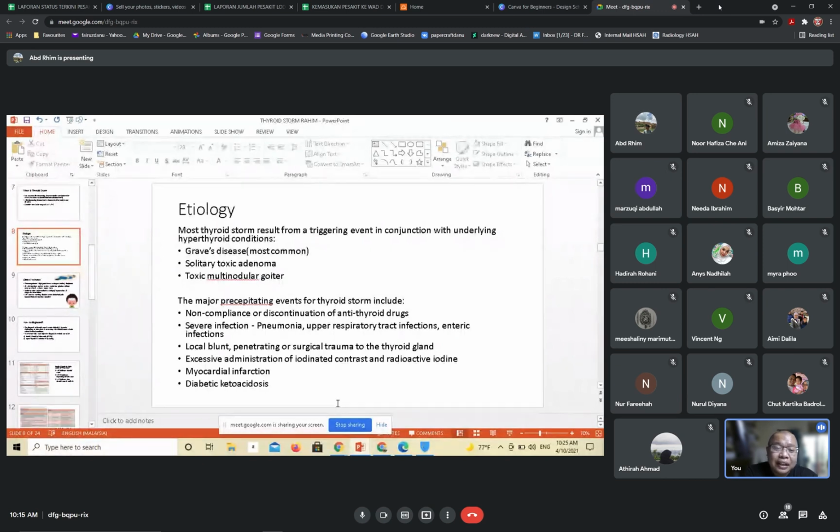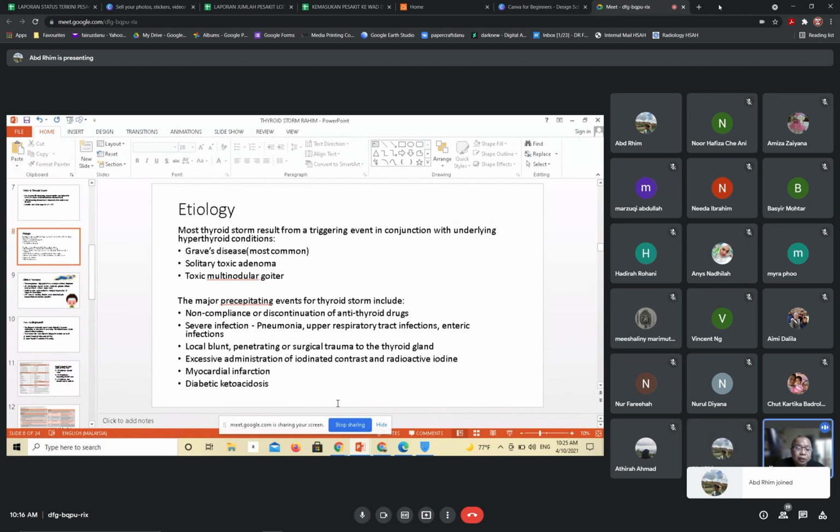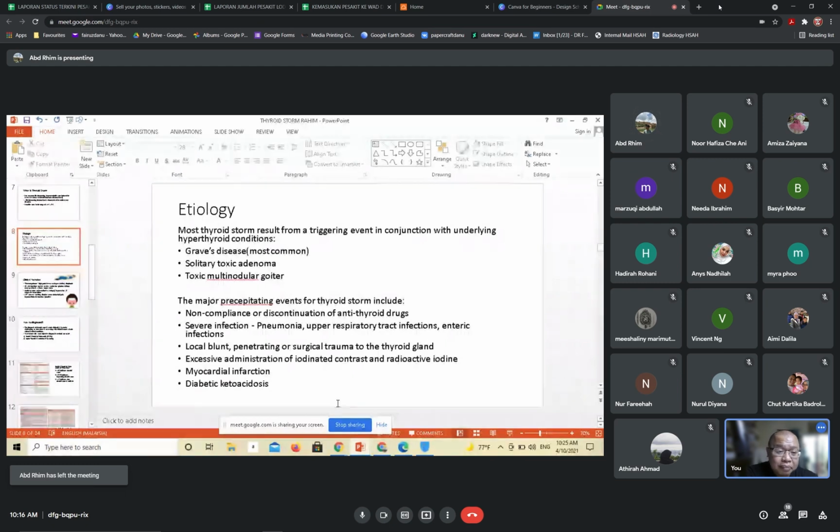It's something to keep at the back of your mind, especially in a young patient with unexplained multiple symptoms: AF, temperature, heart failure. And especially in patients with a known history of thyroid problems or who come with a goiter.